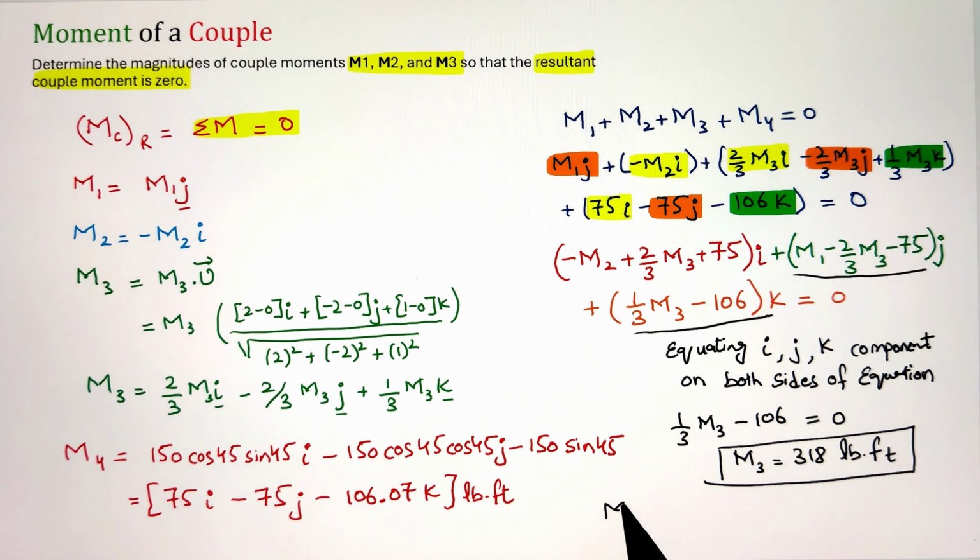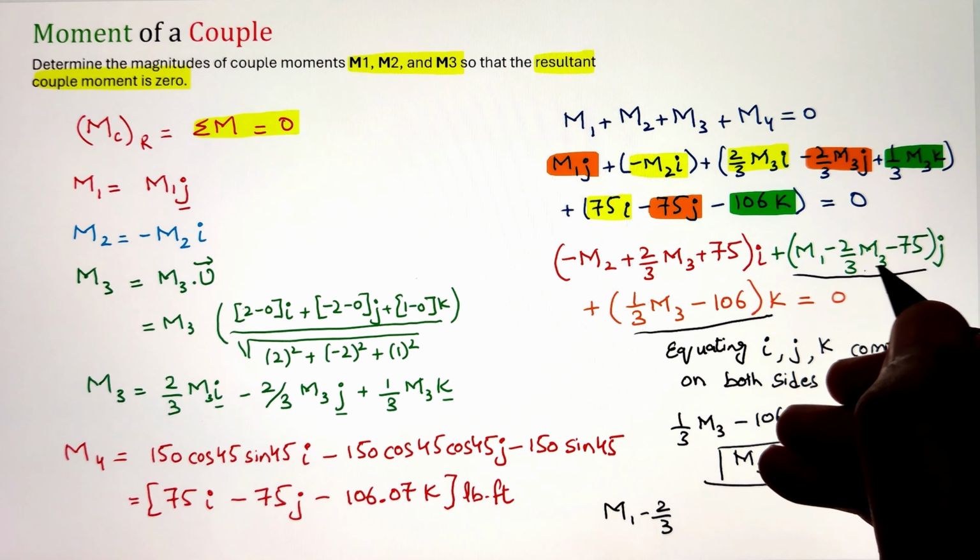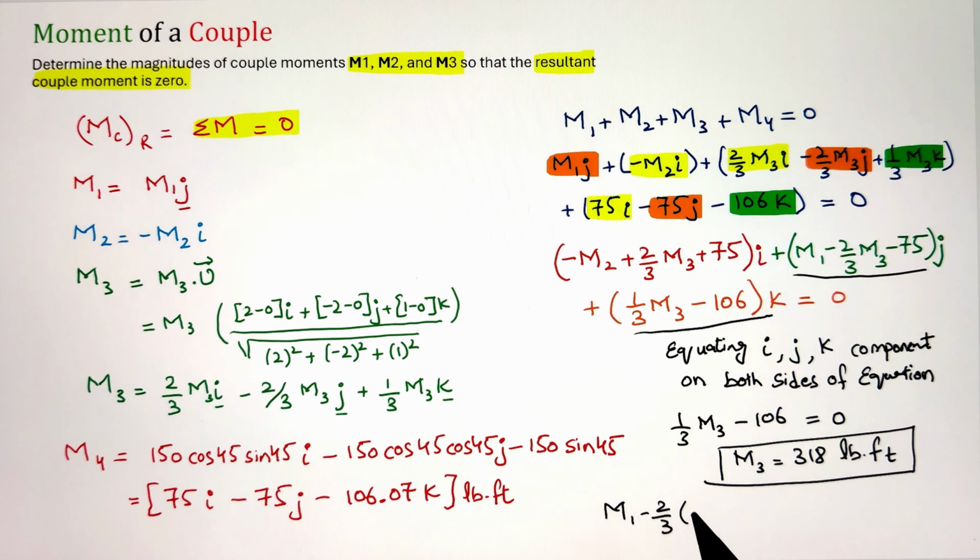Next, let's equate our j terms. I have M1 minus 2 over 3 M3. Since we have already solved for M3, let's plug in that value of 318, minus 75. Simplifying, we get our value of M1 as 287 pound-feet.